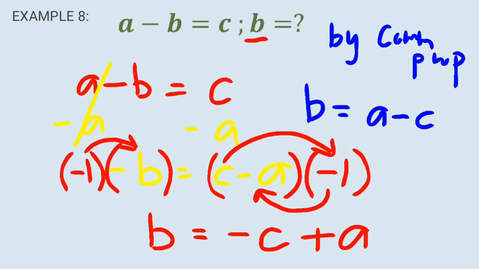If you observe that by applying the commutative property, we did not change the signs. A here is still positive, and negative c is still negative on this side, but we just interchanged them by following the alphabetical order, which is a comes first before c. Okay, that's it.